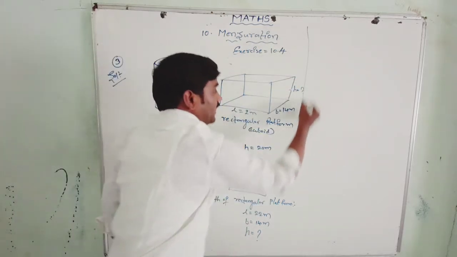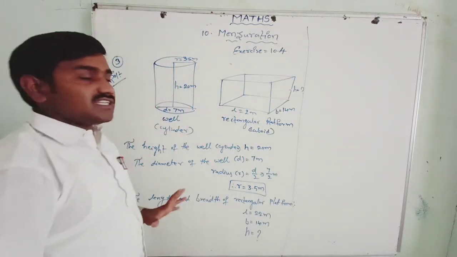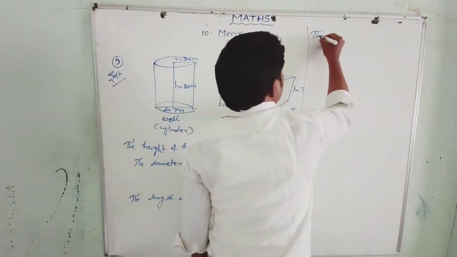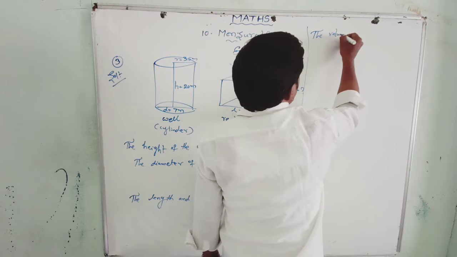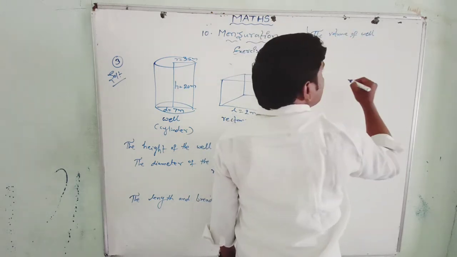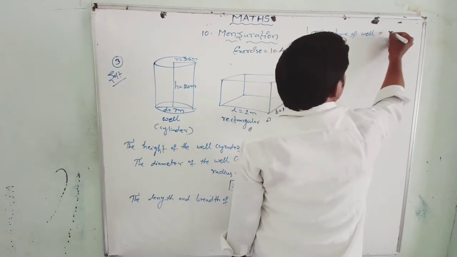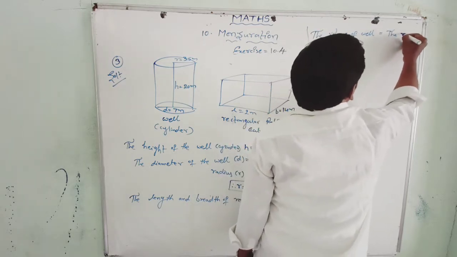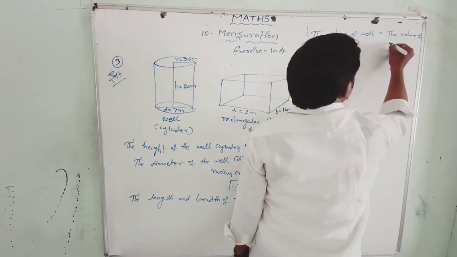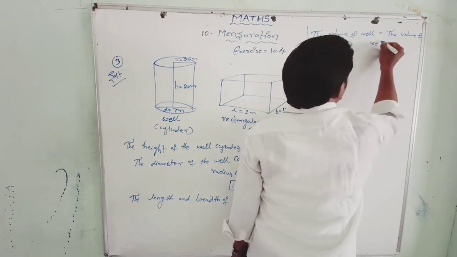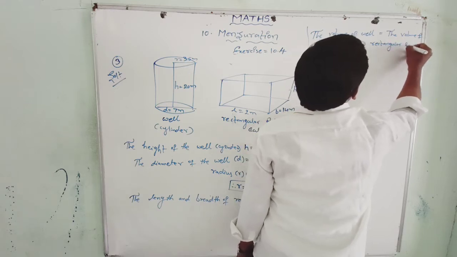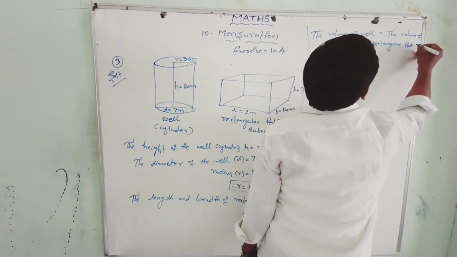As we have discussed just now, the volume of the well is equal to the volume of the rectangular platform.